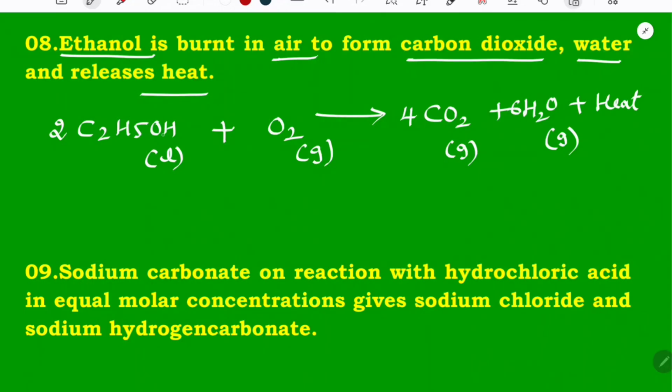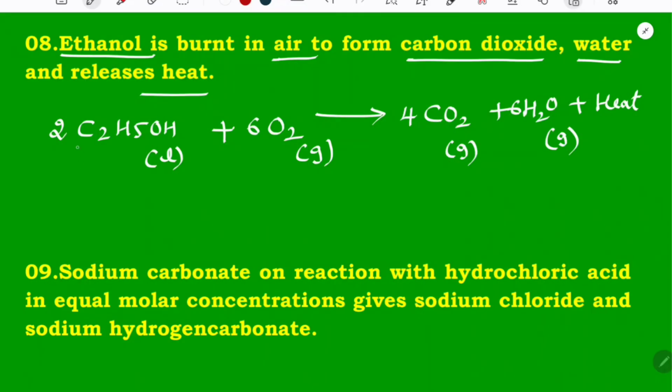Now oxygens you can count. This side 2 is there. This side how many oxygens? 6 plus 8, that is 14. So here you can keep 6.